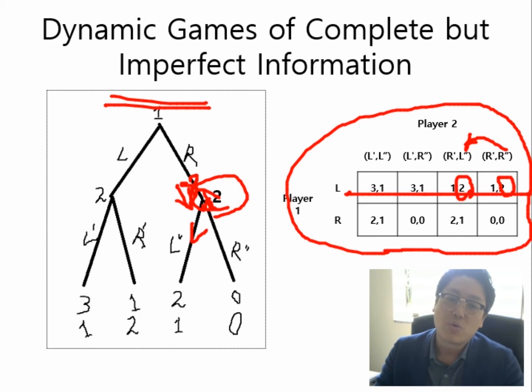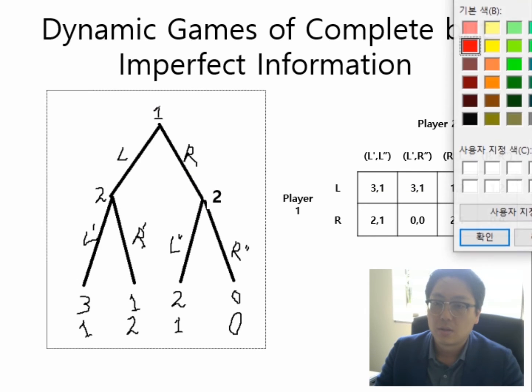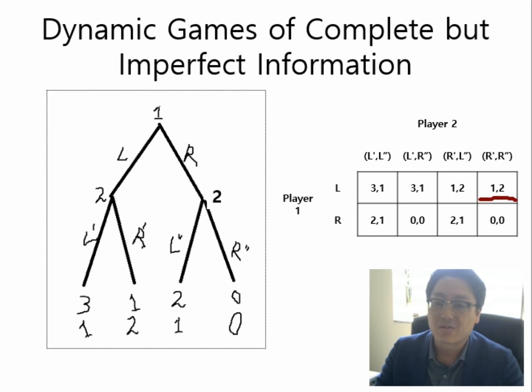Because when we are looking for the Nash equilibrium, we didn't use that information. That's critical, so this Nash equilibrium is not credible.